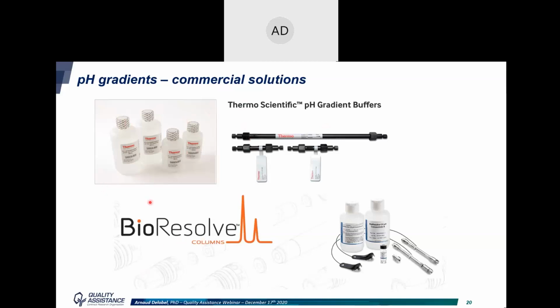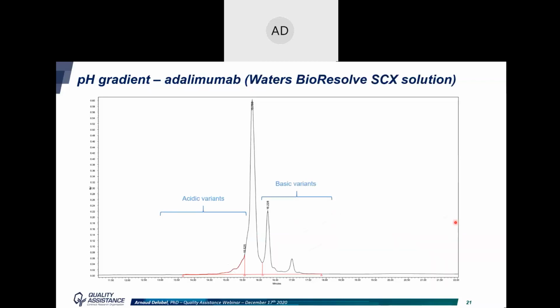And more recently, Waters has developed a BioResolve column and also quite a different approach because they developed both the buffers, but also the column that is optimized to be used with those buffers, which allows to get very nice resolution with this kind of columns and with this kind of buffers. So here is the example of what we can get with the Waters solution on Adalimumab.